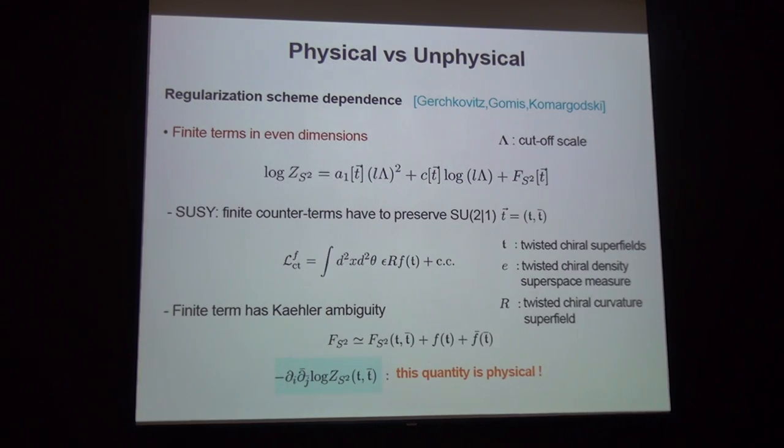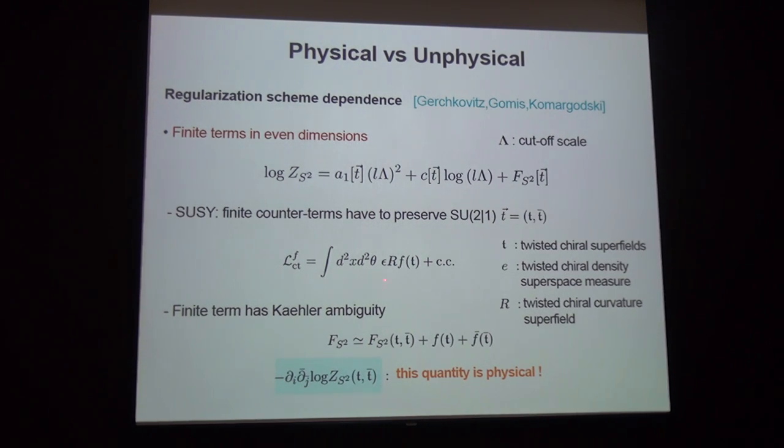However, when you consider some supersymmetric theories, we have to require that this contact term should preserve some symmetry, supersymmetry, in this case SU(2|1). And this requirement strongly constrains the possible form of the contact term we can add to the theories.